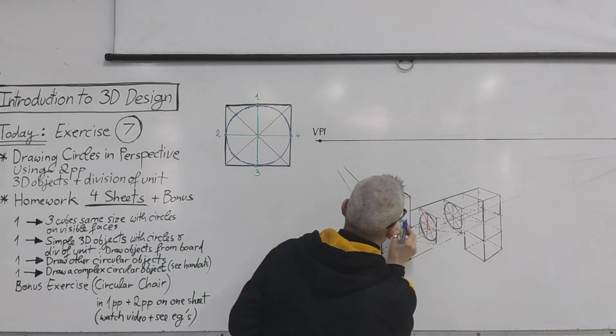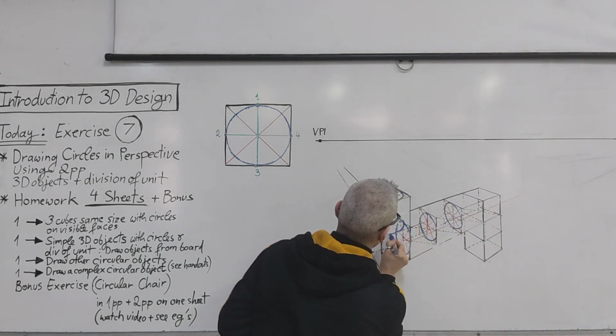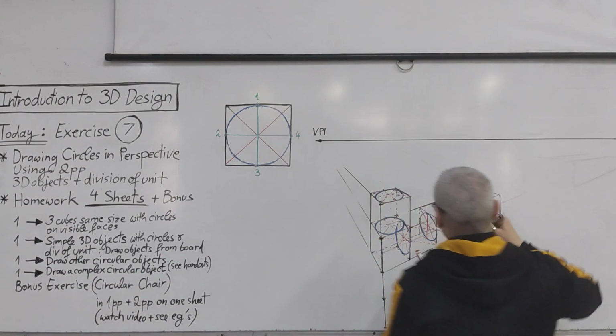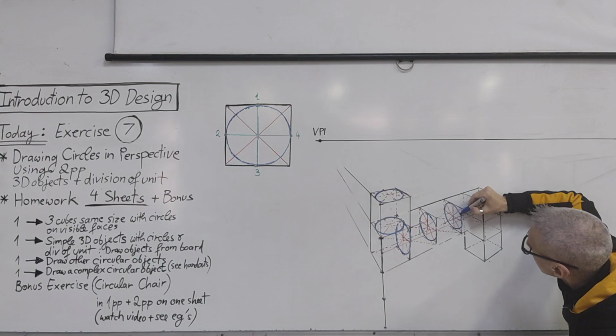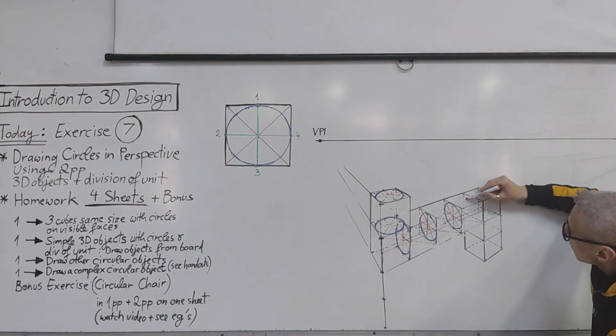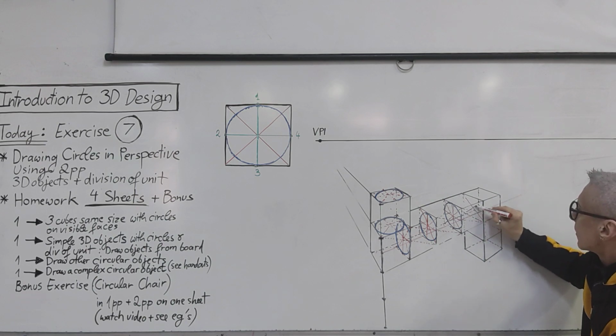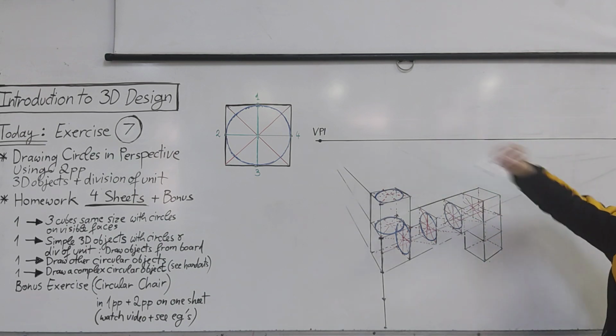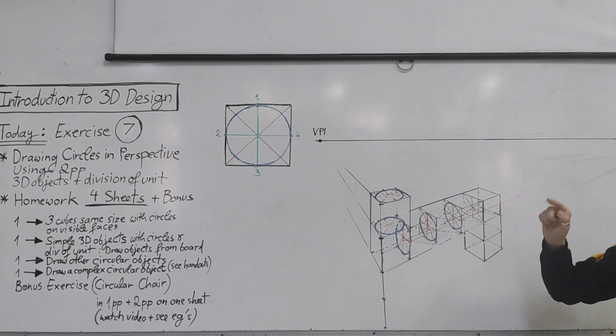Fix these a little bit here, make them more clear. Have this and this. And we continue with the next surface. This line to the vanishing point. Remember not to forget which line goes where, which is straight, which goes to the vanishing point.